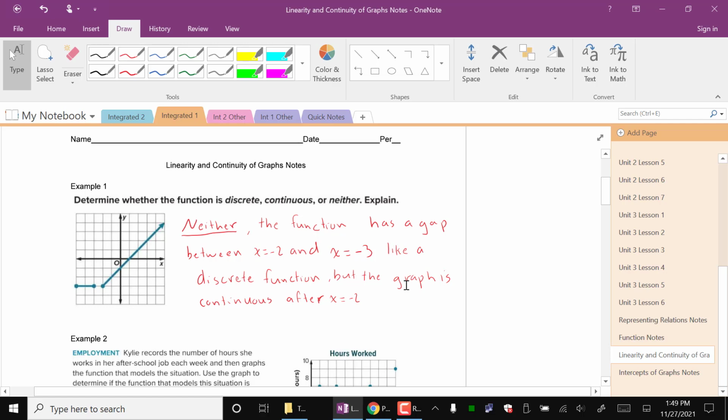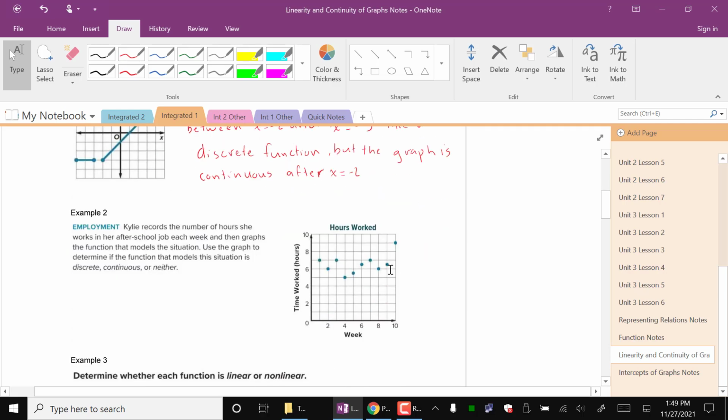Let's take a look at example 2. So this would be a great example of a discrete graph. Why? Because we have a random collection of points. And what are we looking at here? We're recording the number of hours we work in our after-school job. So we have 7 hours, we have 6 hours, 7, 5 hours. So it's just a bunch of random points.